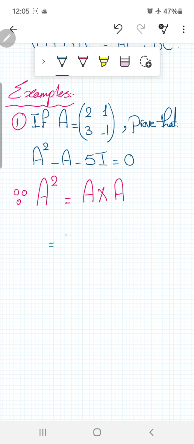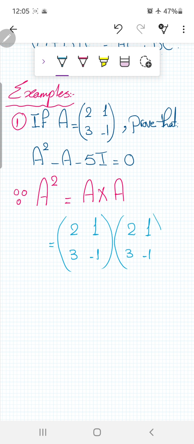So here A is 2, 1, 3, negative 1 multiplied by 2, 1, 3, negative 1. As we said, to multiply, check that the number of columns of the first matrix equals the number of rows of the second matrix. So here 2 times 2, and here also 2 times 2.